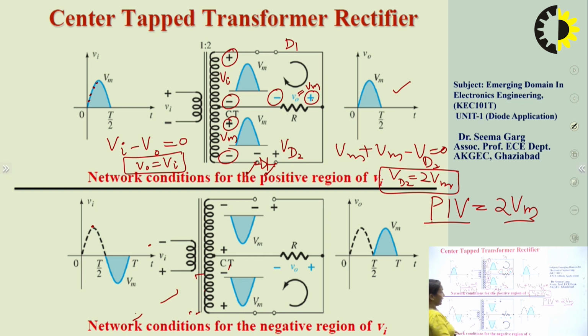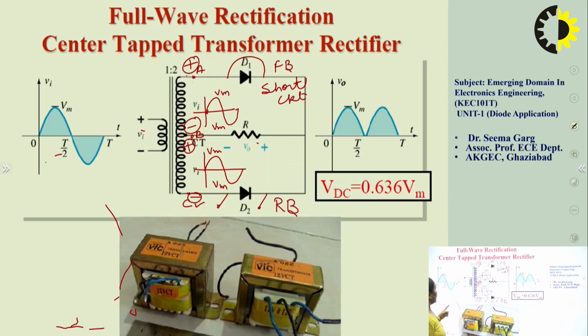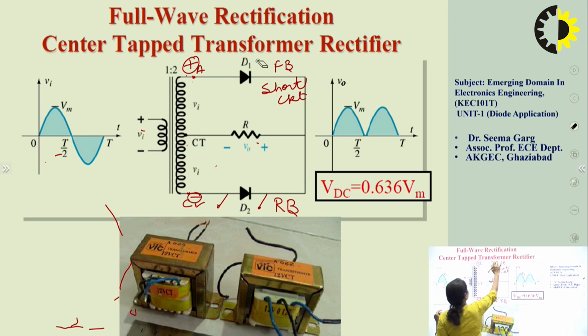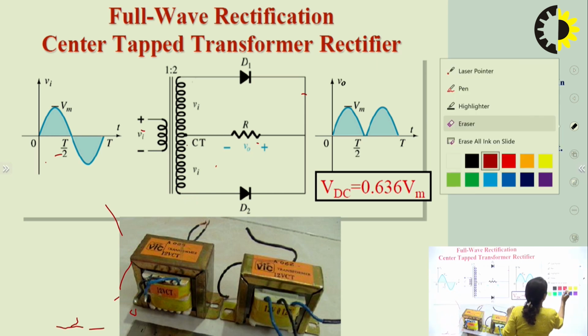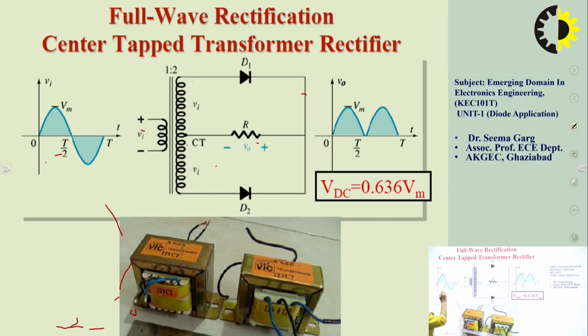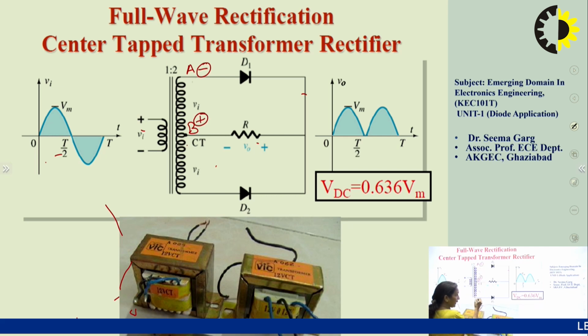So during the negative half cycle, that is T by 2 to T time period, terminal A will be at negative potential and B will be at positive potential, and also in the secondary half of the secondary winding, terminal B will be at negative potential and C will be at positive potential.